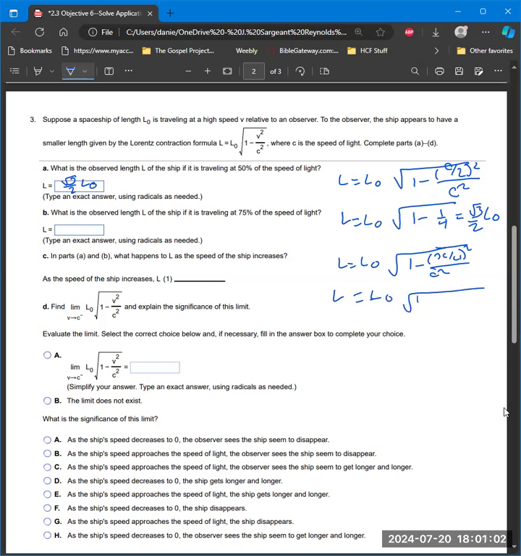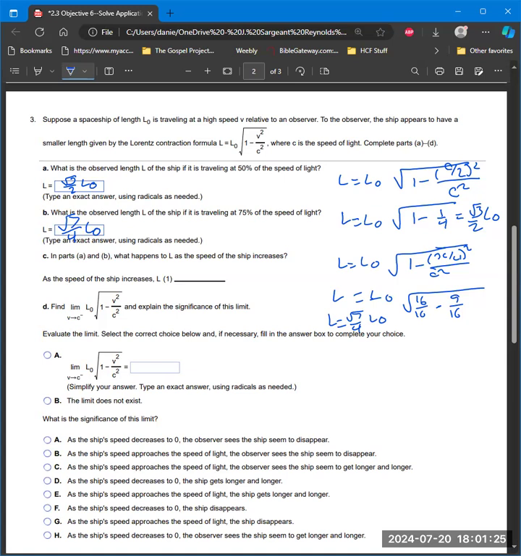So this is going to be 16 over 16 minus 9 over 16, which is root 7 over 4 L naught. Like that.